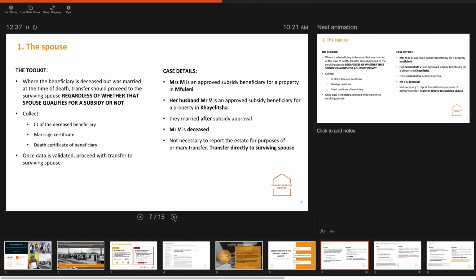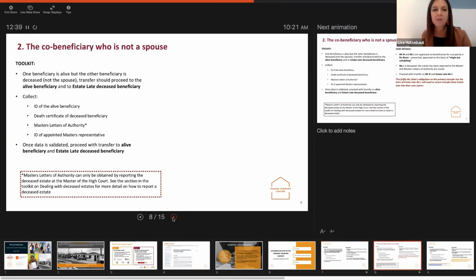Okay. All right. So that's the surviving spouse. The next scenario that we've encountered quite a lot is you have a co-beneficiary. So you have two approved beneficiaries, but they're not a married couple. So we see this fairly often with, for example, a parent and child who have been approved as co-beneficiaries, rightly or wrongly. That is a completely separate issue for discussion.